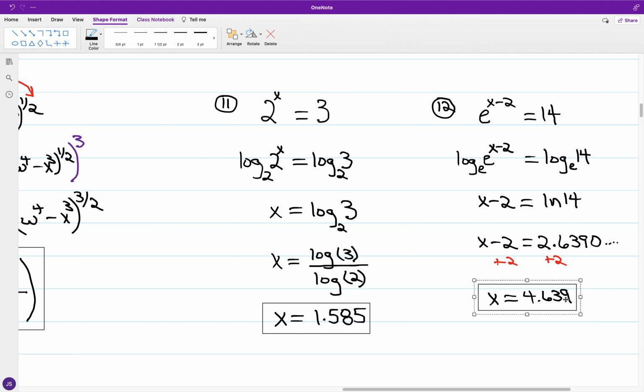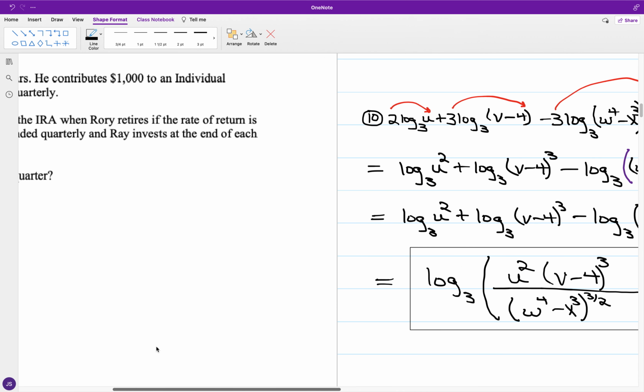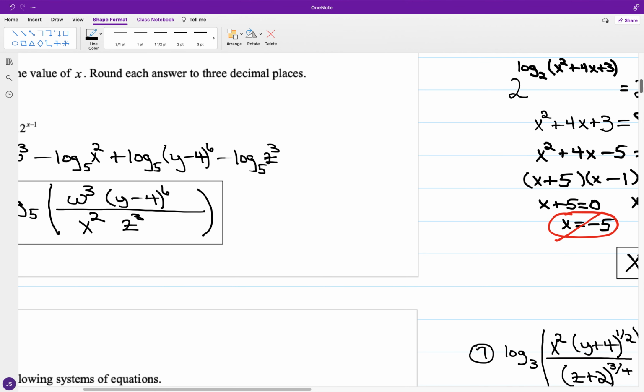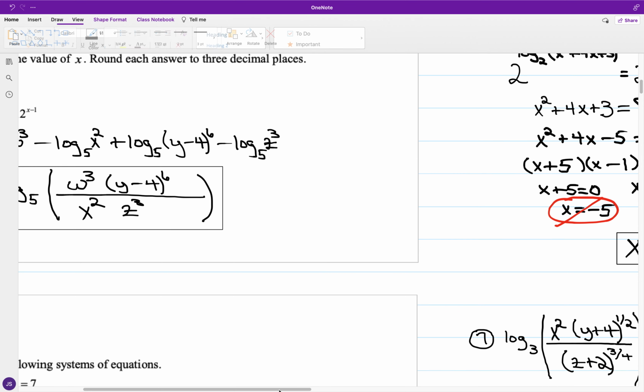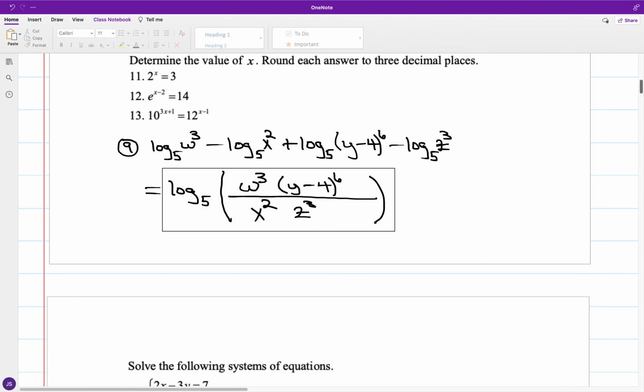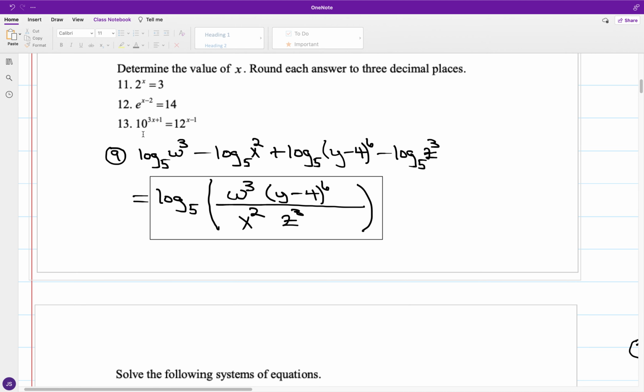Right. Now, for number 13, whenever you have the variable exponent on both sides of the equation, in terms of the procedure, it can be like a comparative needle to thread. For 13, we got 10 to the 3x plus 1 equals 12 raised to the x minus 1 power.